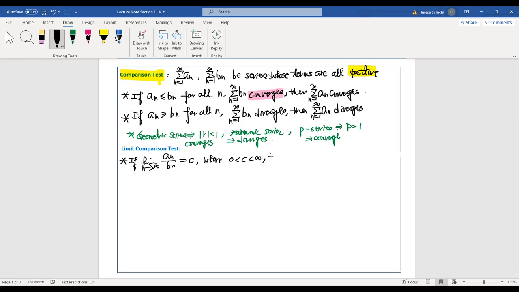Then we say both the summation of an and the summation of bn go the same way. Because their limit approaches a ratio, it's either both converge or both diverge.